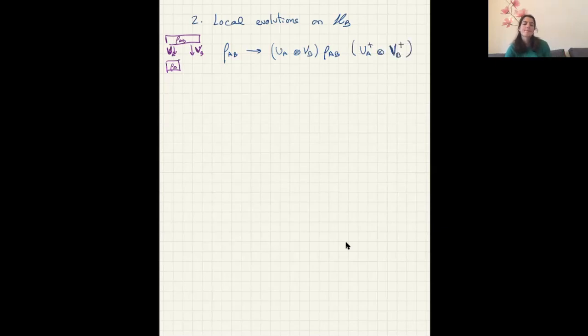Okay. And now let's look at what happens when you take the partial trace. So this is rho AB prime, we call it. So what's rho A prime? This is going to be the partial trace over B of rho AB prime, which is the partial trace over B of this whole thing.